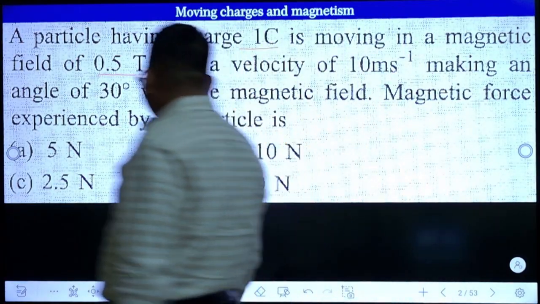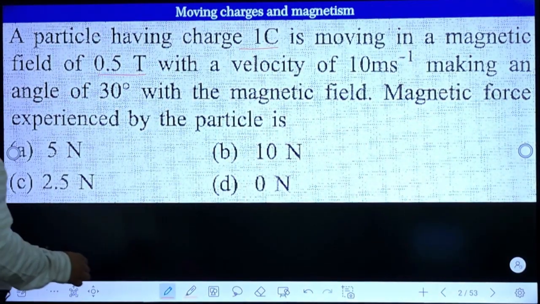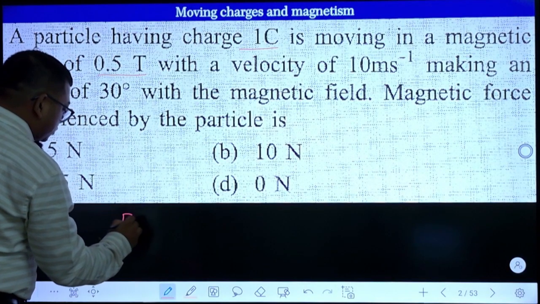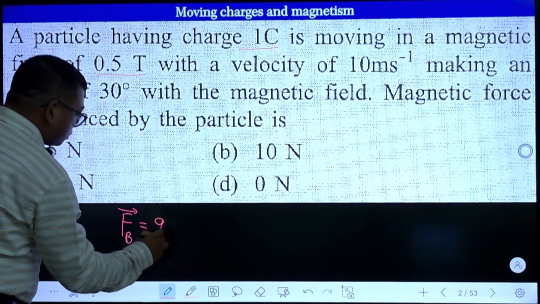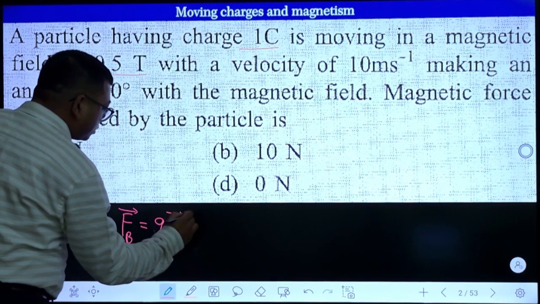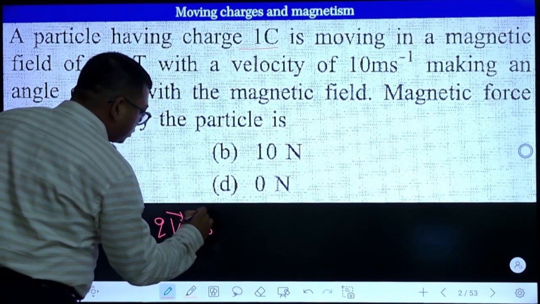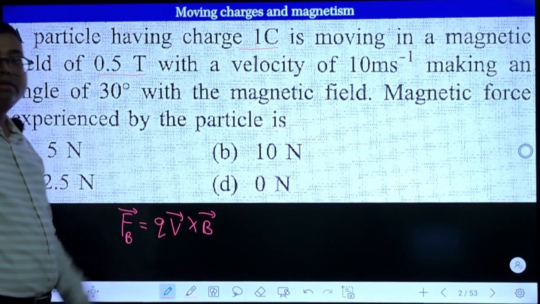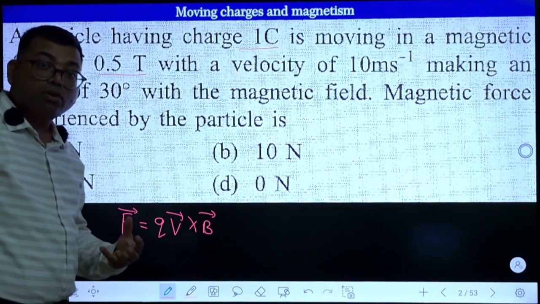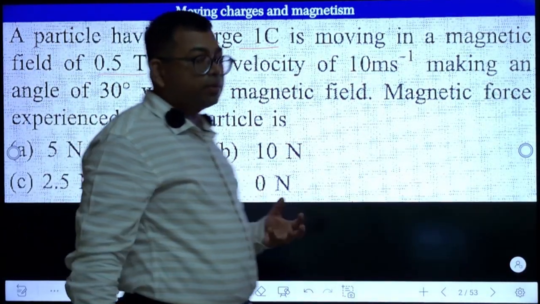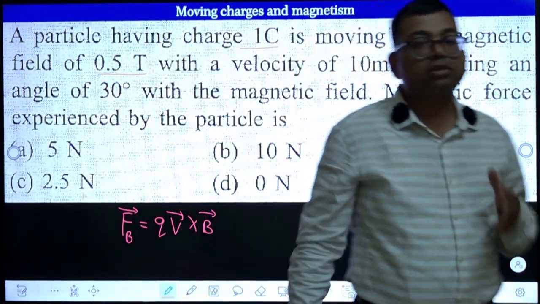So let's quickly try to draw the diagram, and we know the magnetic force formula. What is magnetic force? Q V cross B. So this is a cross product, right? We need to see whether the charged particle is positive or not. If it is positive, then force is in the same direction.